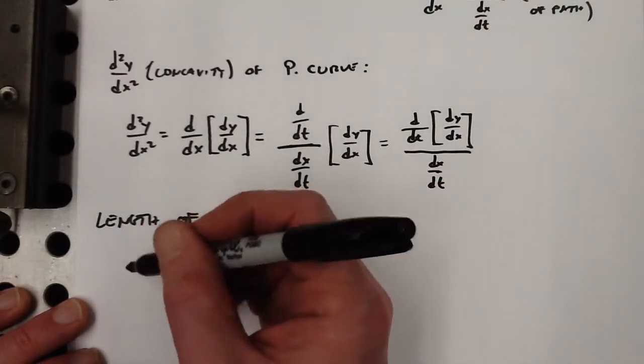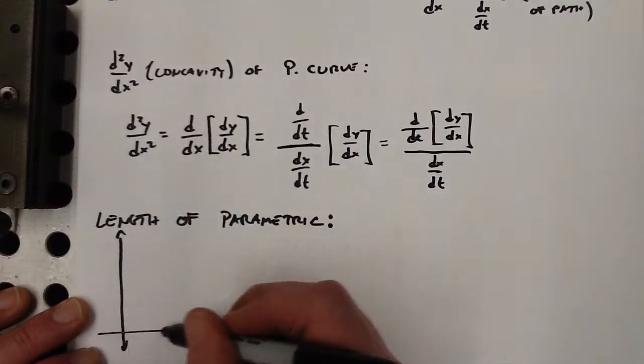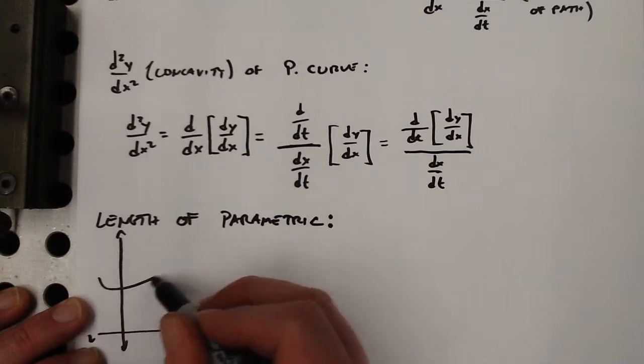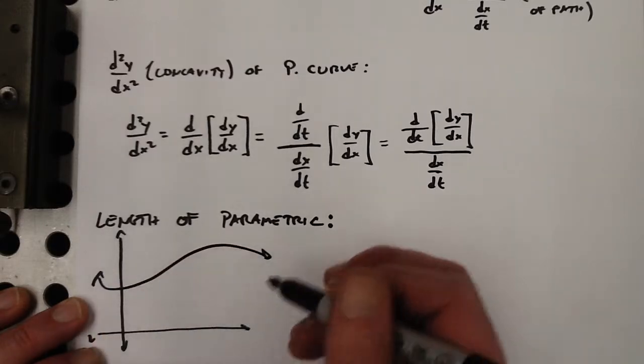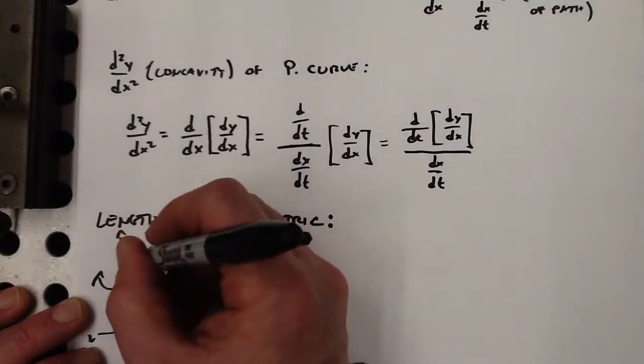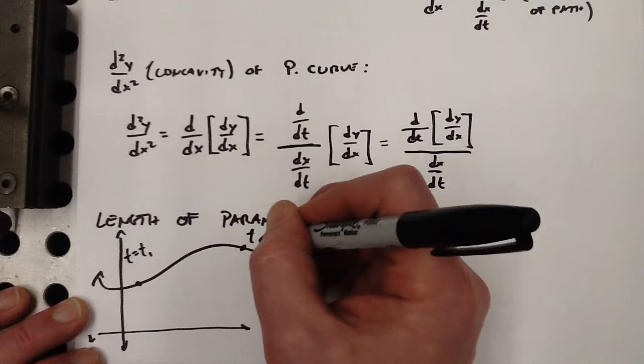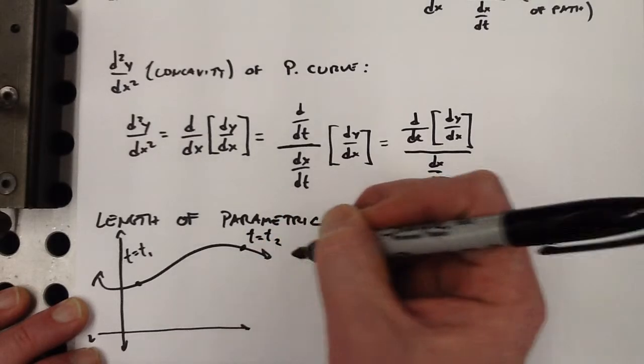So let's say we have some parametric curve. We want to find the length of it. I wouldn't be going from x value to x value. I'd be going from time t1 to some other time t2.